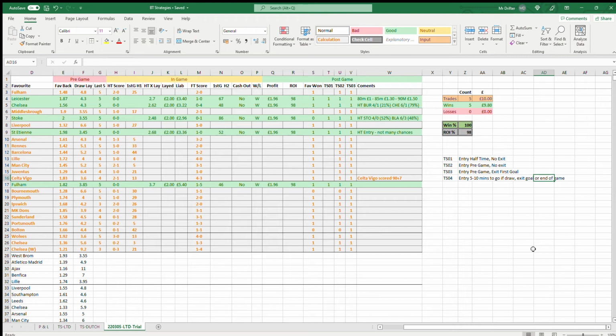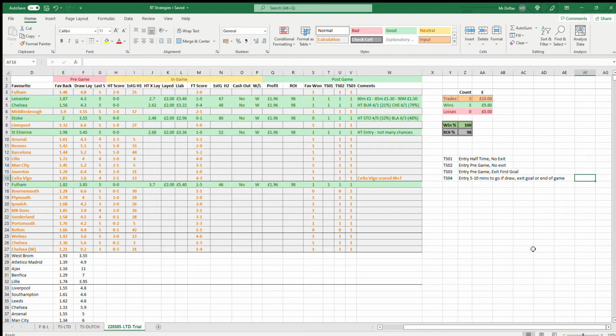It'll have been high at the start of the game, it'll get lower and lower during the game, to the point where if it's still a draw with only 5 minutes to go, that's the most likely outcome for the game, so that'll be the lowest odds for the result of that game. And then what you do then is you exit the market either when a goal is scored or at the end of the game, again to be predetermined.